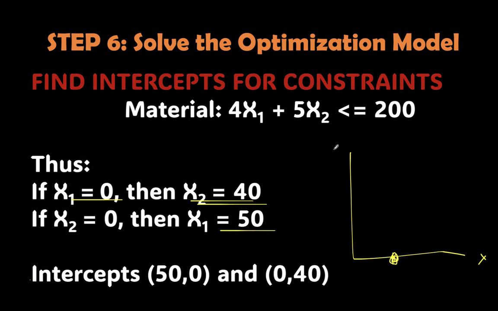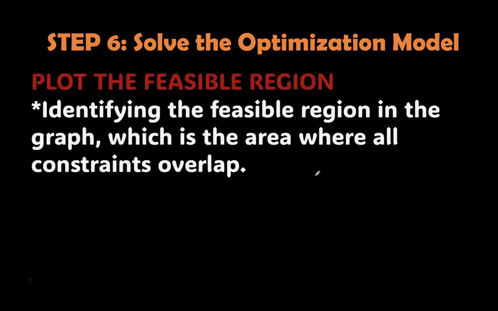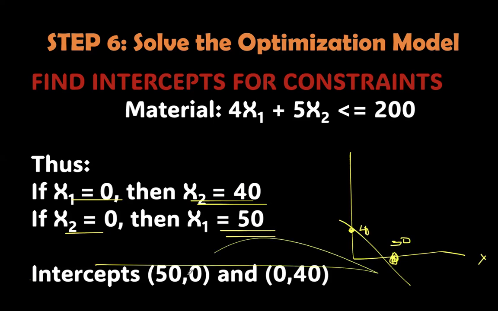That is the y-intercept. So suppose that here is your 40, and we'll plot that here. Then suppose this is 50 for your x sub 1, then 0 is your x sub 2, which is the y. So it will become something like that. That will be your basis right now.